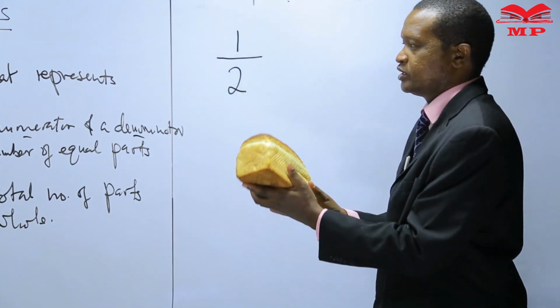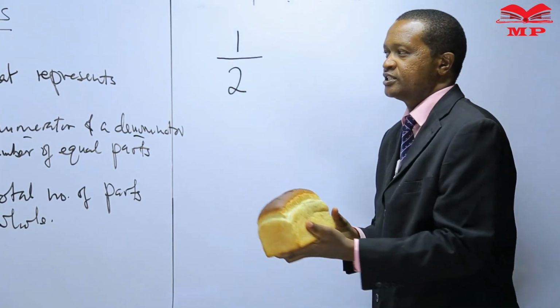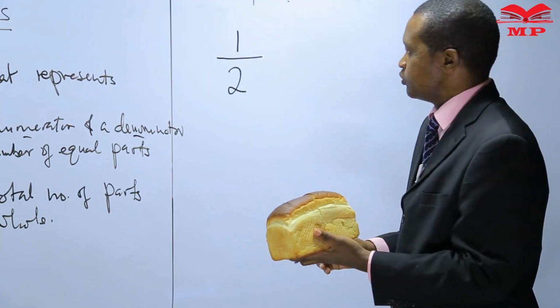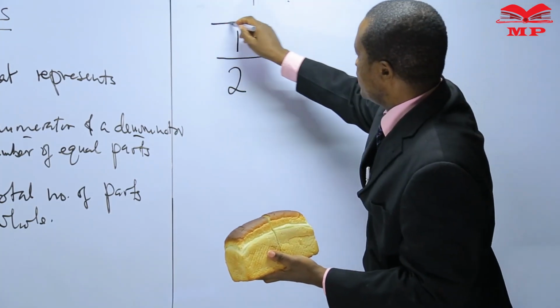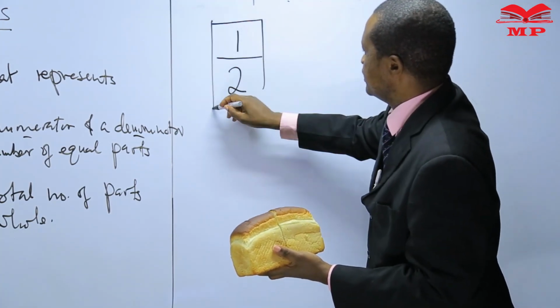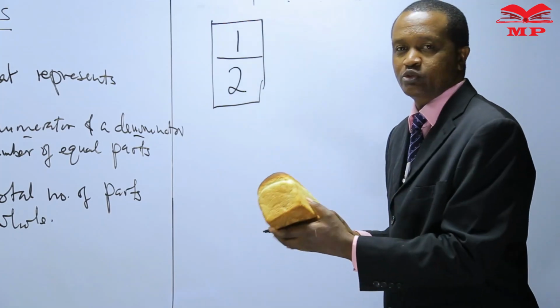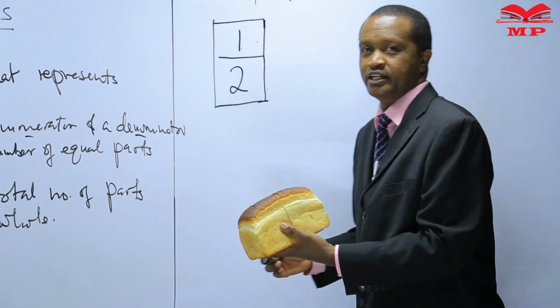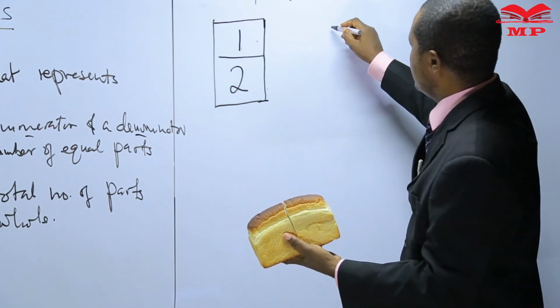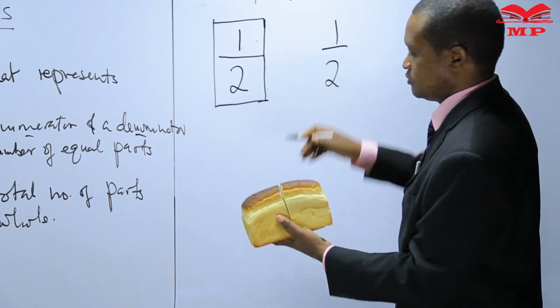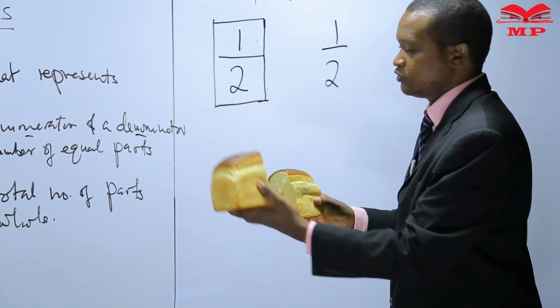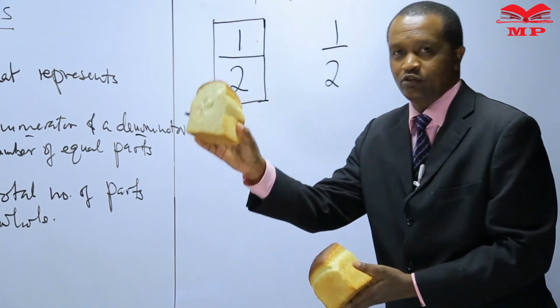So a fraction is a number that represents part of a whole. So this 1/2 here is a fraction. In this case, there are 2 halves: a half of a loaf, then a half of a loaf.